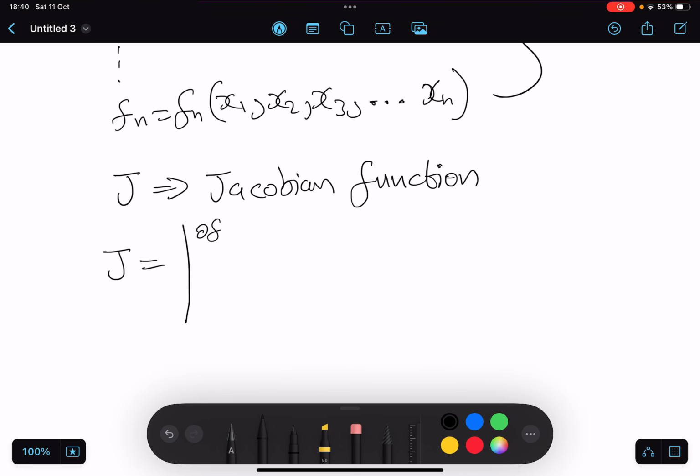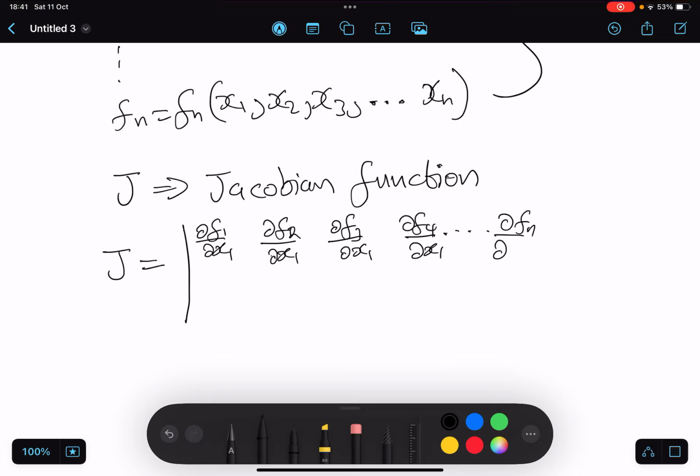So ∂f1/∂x1, then you have ∂f2 with respect to ∂x1, ∂f3 with respect to ∂x1, ∂f4 with respect to ∂x1, which means you can go to ∂fn with respect to ∂x1. So in the first row, we are differentiating the functions only with respect to x1, the first variable term there.